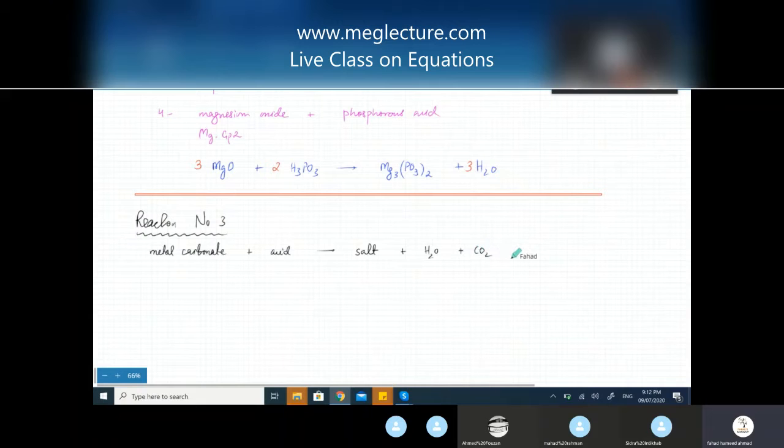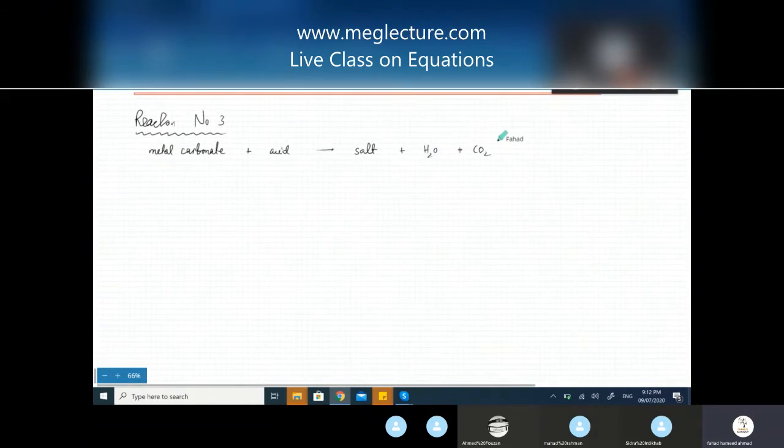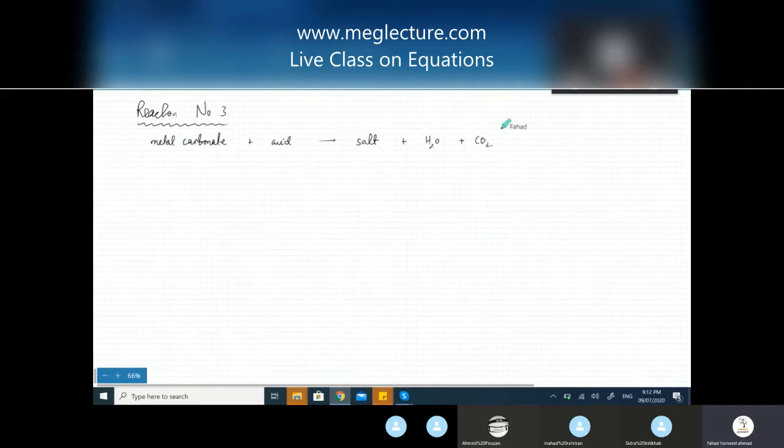So there's going to be carbon dioxide, extra. There's an addition of an extra molecule. So a carbon dioxide molecule would also be produced.